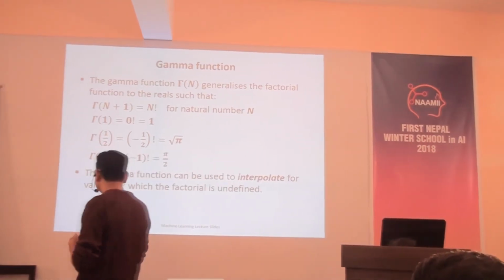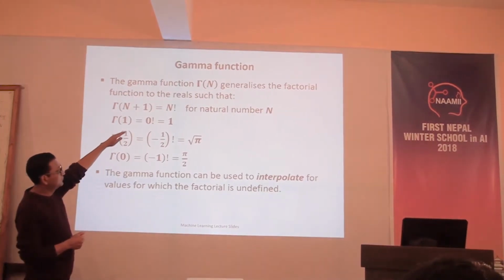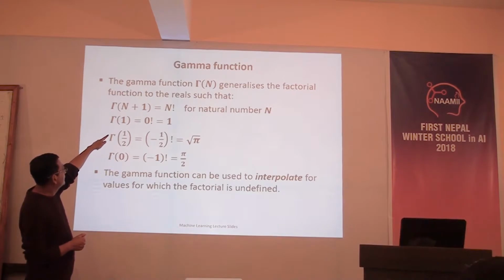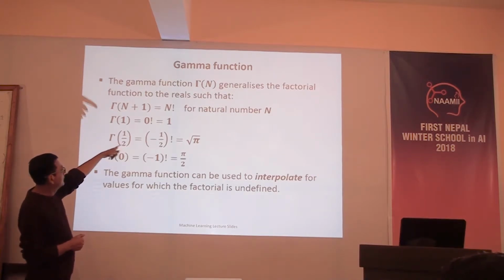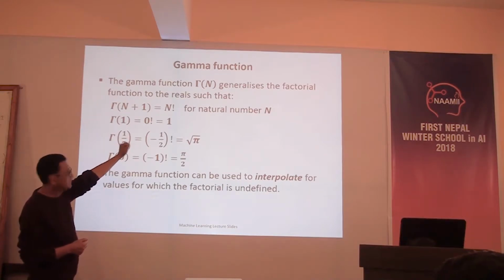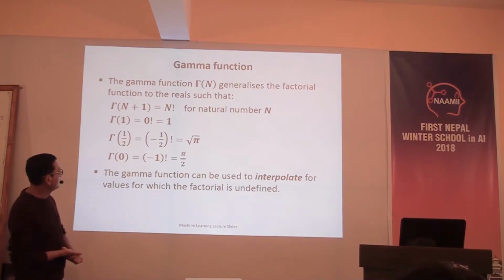So the gamma function is defined like this. Gamma of n plus 1 is n factorial for natural number n. Gamma 1 is factorial 0, it's defined as 1. And gamma of a half comes out as the square root of pi.